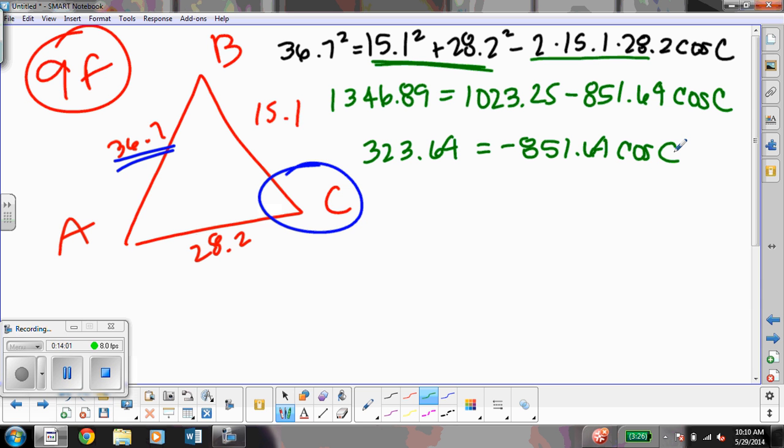And I'll divide by the negative 851.64. And then I'll do the inverse cosine to get 112.34 degrees.